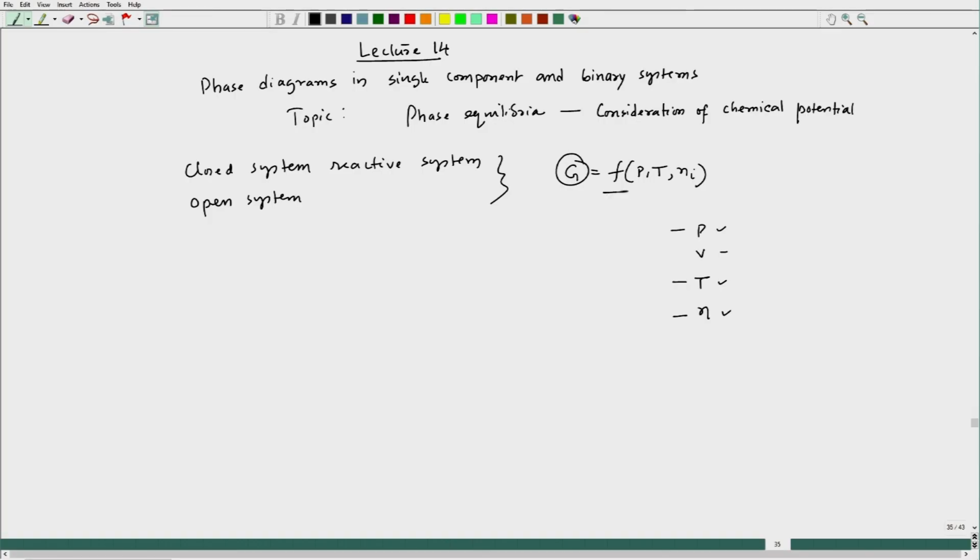So, G is a function of P, T as well as N_i, and the system contains components 1, 2, 3 and the ith component.